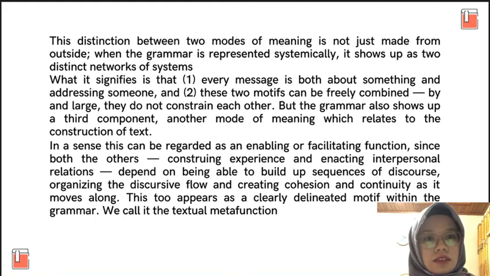In a sense, this can be regarded as an enabling or facilitating function, since both the others, construing experience and enacting interpersonal relations, depend on being able to build up sequences of discourse, organizing the discursive flow and creating cohesion and continuity as it moves along. This too appears as a clearly delineated motif within the grammar, and we call it the textual metafunction.